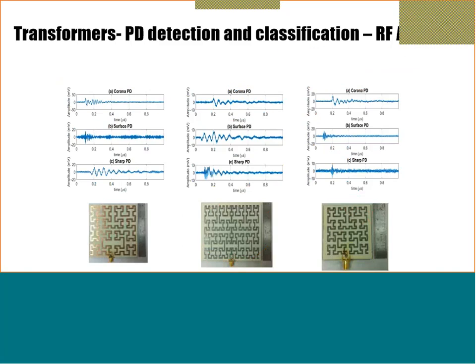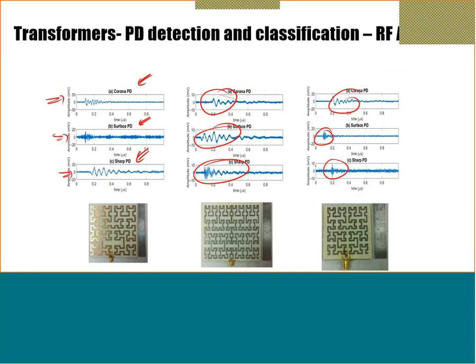Now we try to detect corona, PD, surface PD, and sharp PD. So we have different types, and we notice that each antenna, when it detects, maintains a certain shape, which tells us that this signal is different from this, and this is different from this, okay, similar somehow to this.